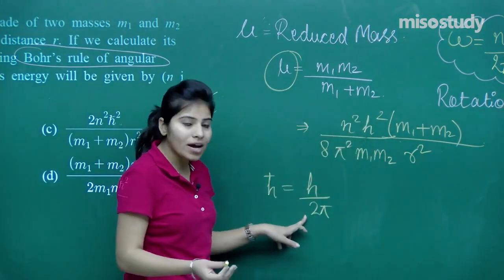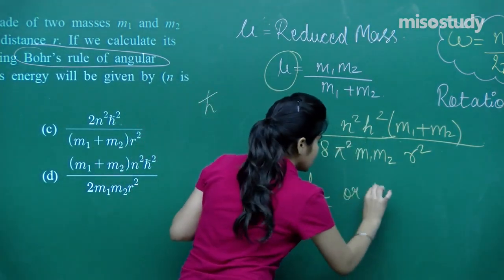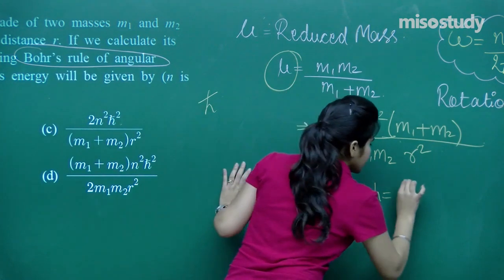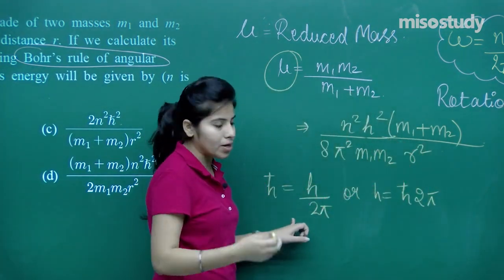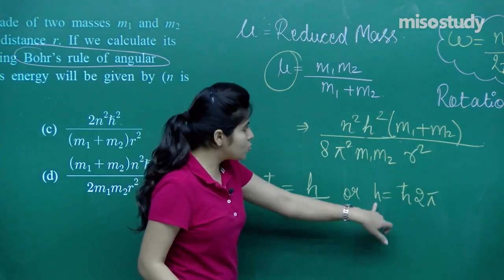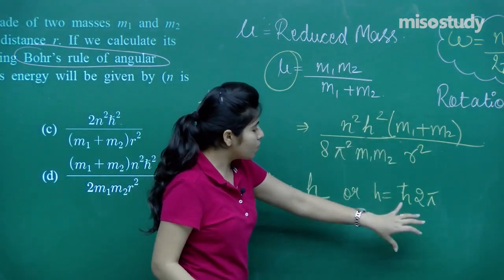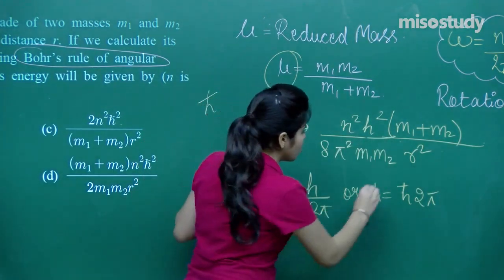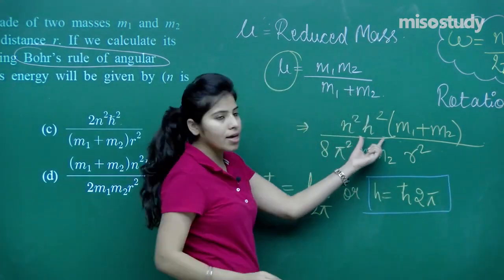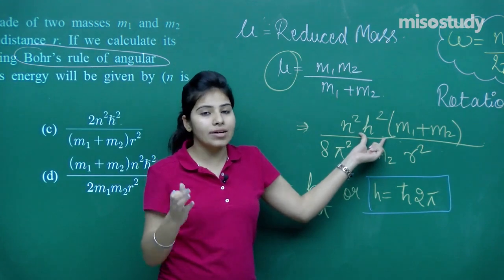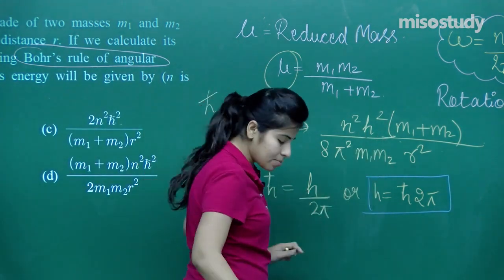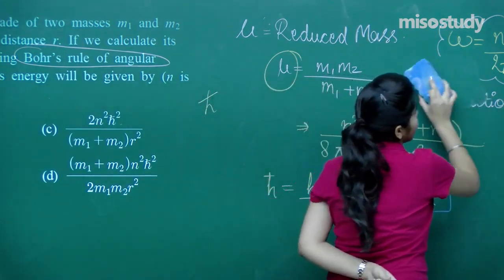So from here, h will be 2 pi into h prime. We are going to put this value into this equation, and then we will find the correct answer that has been written over here. So let me just come to this side.